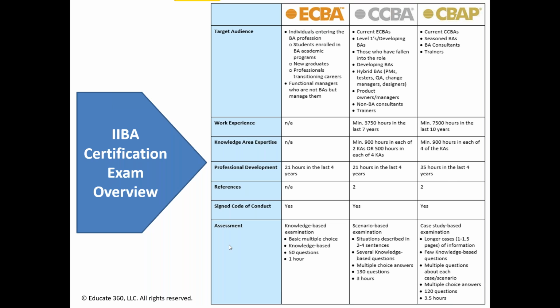Now for the CBAP cert, what does IIBA interact with your 2 professional references? They will send out a survey to the references to ask them to complete it. Basically, once that survey is complete, that's done unless they audit you. If they audit your application, it's a small percentage, I don't know what it is, 10, 20% maybe, something small. That's about the only interaction your references will get.